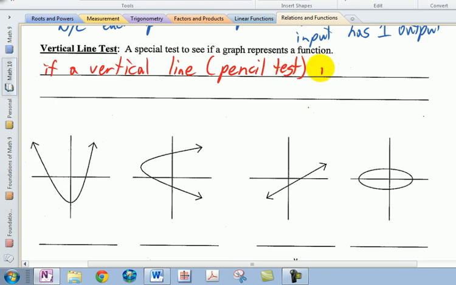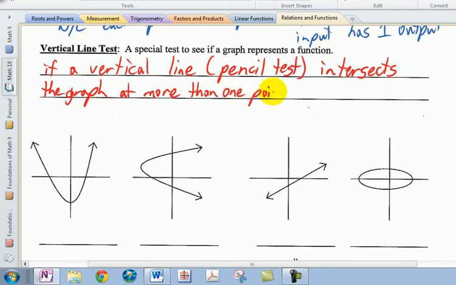So if the vertical line intersects, which basically means touches, the graph at more than one point, so more than once, the relation is not a function, just a relation.